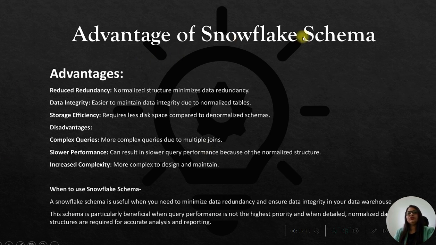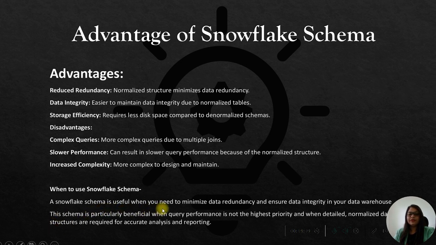Then the advantages of the Snowflake schema: it provides a normalized structure, reducing data redundancy and improving data integrity. The disadvantages are complex queries, and slower query performance because of the normalized structure. And when do we use the Snowflake schema?